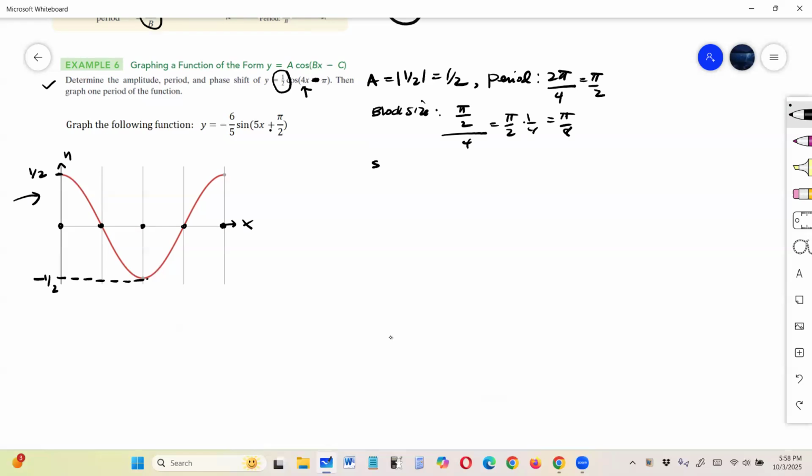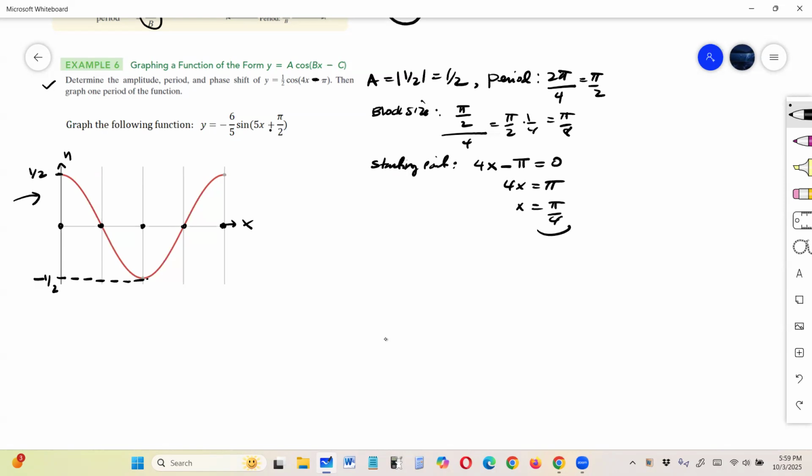Okay, now let's find the starting point. The starting point is we're going to solve. Just keep in mind, I changed this to a negative, okay? It doesn't really matter, but I wanted you to see one with a plus, one with a minus. So we're going to solve the equation inside of the sine or cosine angle, in this case for x minus pi. So I'm going to add pi to both sides, and I'm going to divide everything by 4.